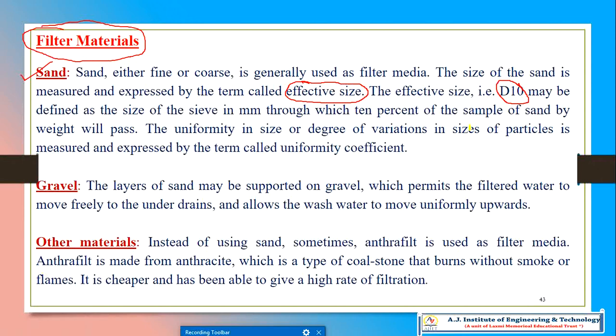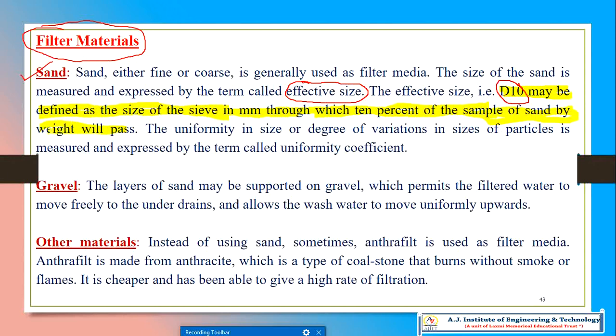For example, take a sieve size of 5 mm or 10 mm, through which 10% of the sample by weight will pass.